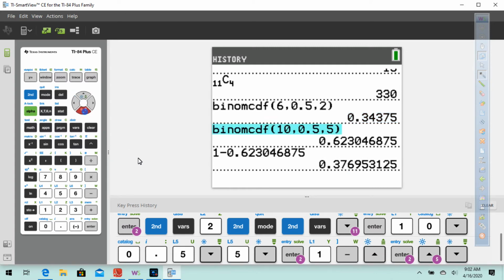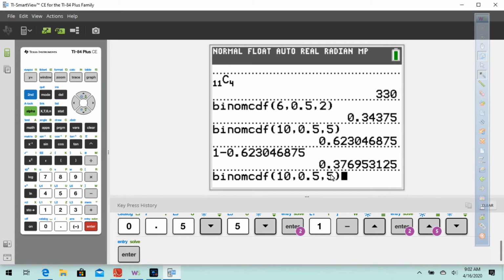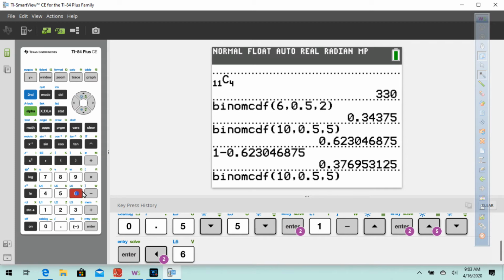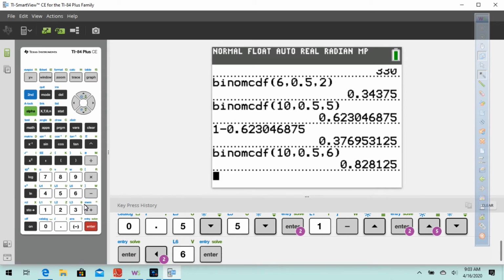Maybe I should have put 6 in here. Put a 6 there. And then, no, that's going to be even worse. Oh, 0.376. That's what we had, 0.377, right? I don't know what I was thinking.